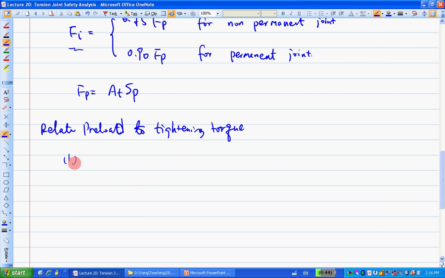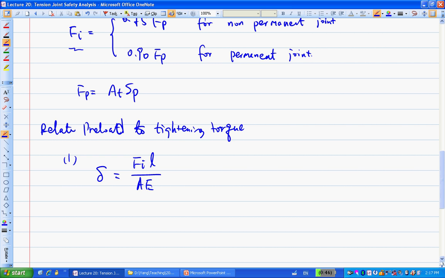One of the very mathematical ways of doing it is, when you apply the Fi, you know that there's going to be a small deflection to the bolt, right? A little deflection delta will happen to the bolt, and mathematically this is equal to Fi times L over AE, right?